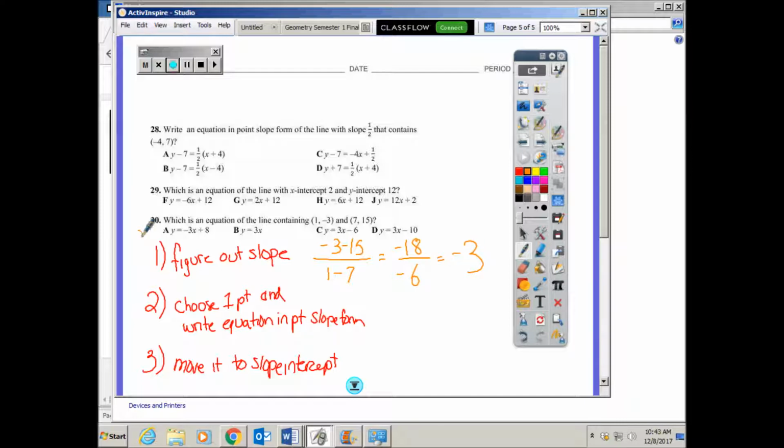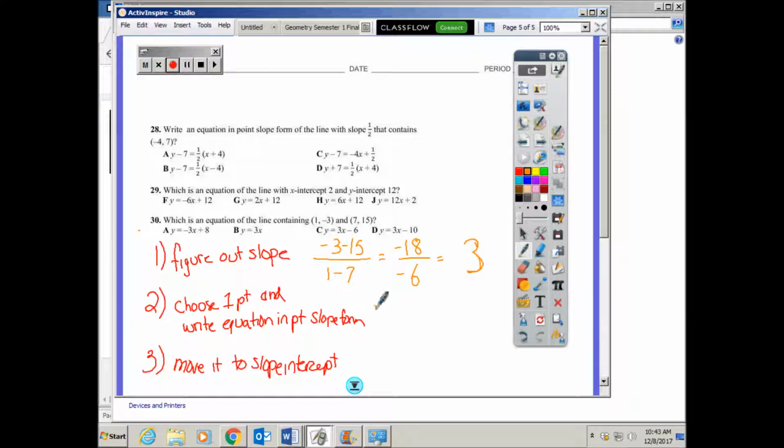Okay? And so, sorry, -18 divided by -6, that should have been +3, not -3. So that's the slope. Now I have to put it into point slope form because I don't know the y-intercept yet.